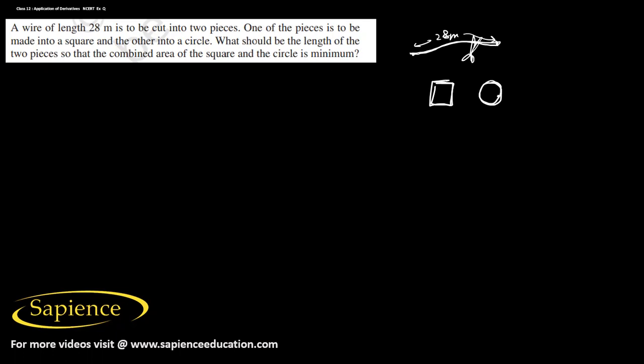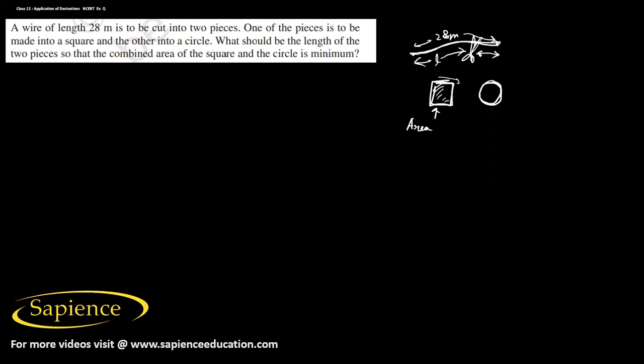What should be the length of the two pieces so that the combined area of the square and the circle is minimum? Suppose L is the length that is cut off for making the square.